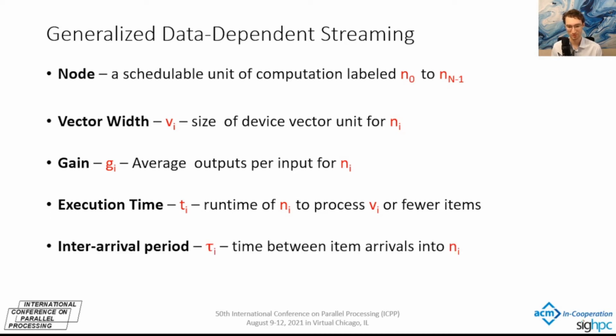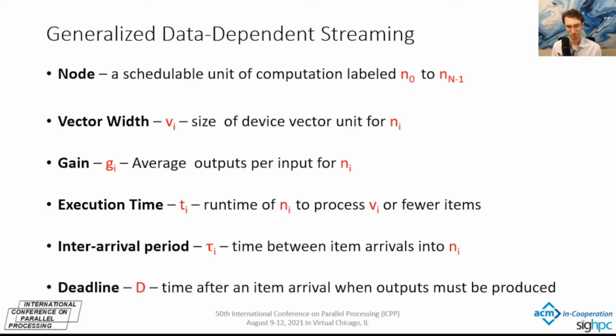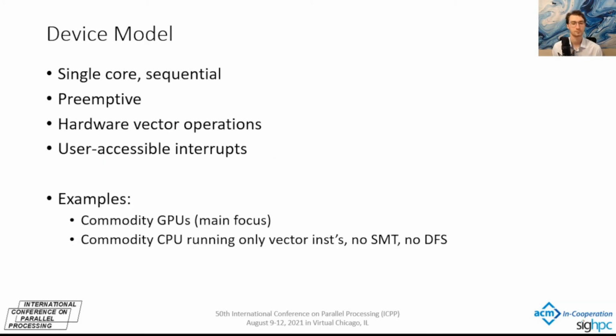The inter-arrival period is the time between item arrivals into a particular node, and more specifically, inter-arrival period 0 is the time between item arrivals into the pipeline as a whole. Finally, we have a deadline, which is the time after an item arrival when outputs must be produced if we are to meet the constraints of our system.